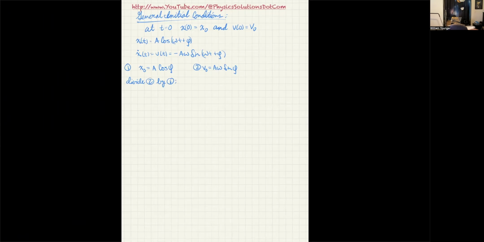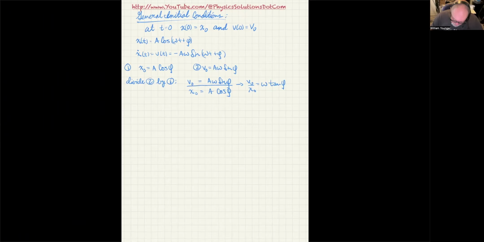And when I do that, I'm going to get v0 equals A omega sine phi divided by x0 equals A cosine phi. And from that, we get v0 over x0 is equal to, A over A just cancels out, omega times the tangent of phi.